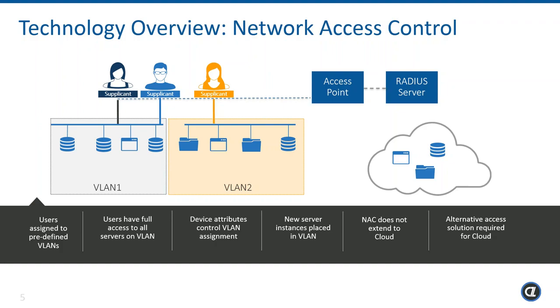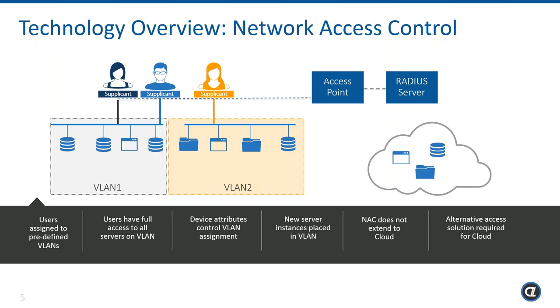So effectively, the network access control solution allows an organization to look at certain attributes on the client device, validate credentials, whether the right username and password or one-time password, and then, if the user and device pass, give them access to the VLAN. What that means is, number one, these VLANs need to be defined ahead of time because they're very static, and in some cases they require network configuration changes to alter.